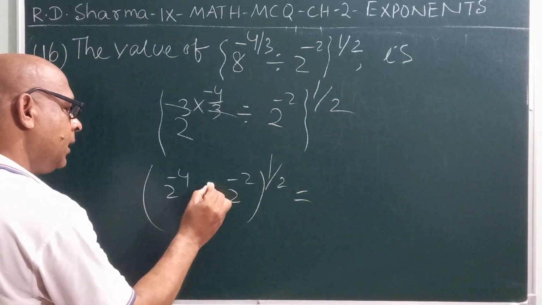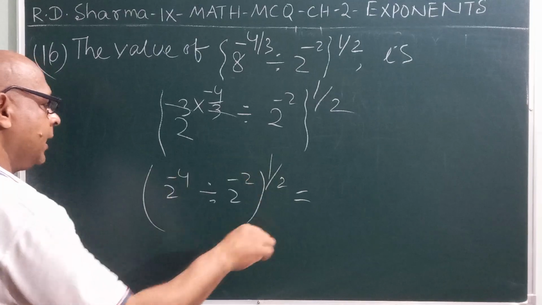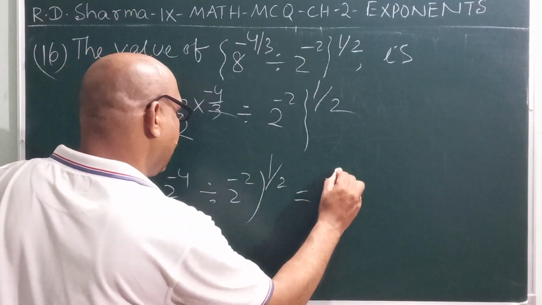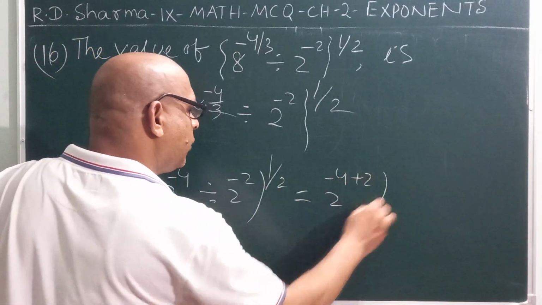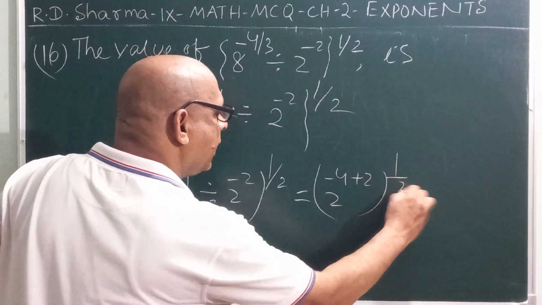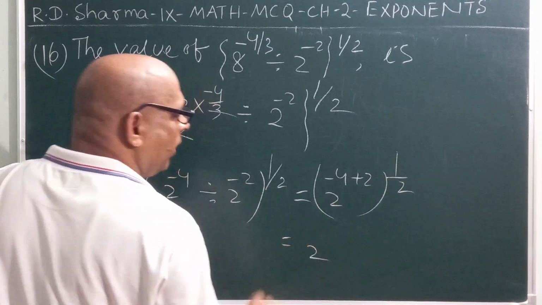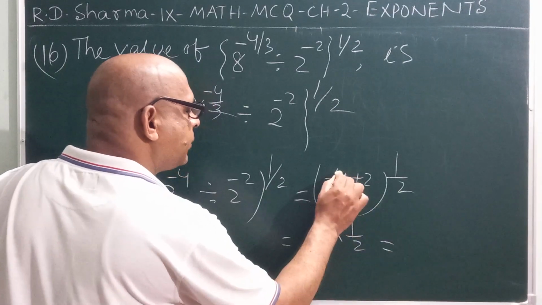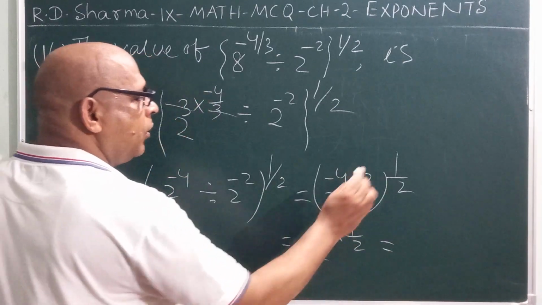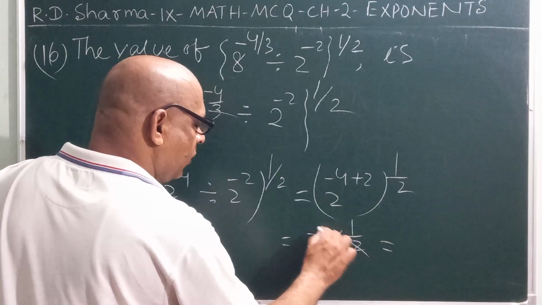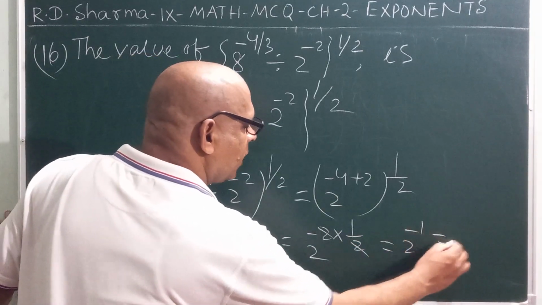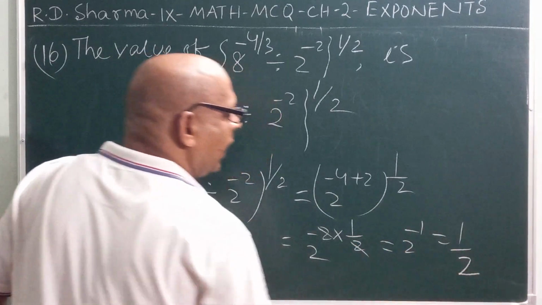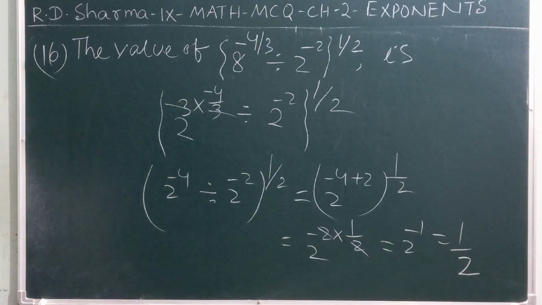Base same, division power add: 2 to the power minus 4 plus 2, the power 1/2. Minus 4 plus 2 is minus 2, into 1/2, cancel, 2 to the power minus 1 equals 1/2. Answer equals 1/2.